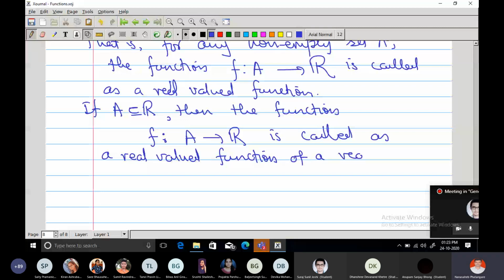Now the domain is a subset of R or the whole set of R, no matter. If the domain is also a subset of R, that means A contains real numbers. Real variable means the points in A are real numbers, and when we vary points in A, we vary real numbers. So it is a real valued function of a real variable. Okay, so this is clear.